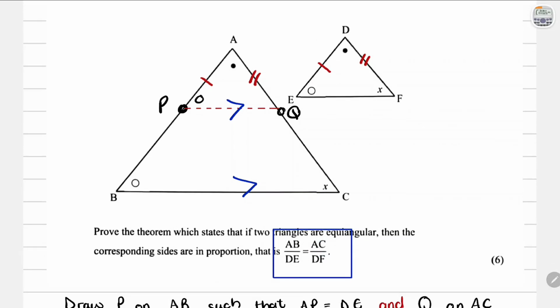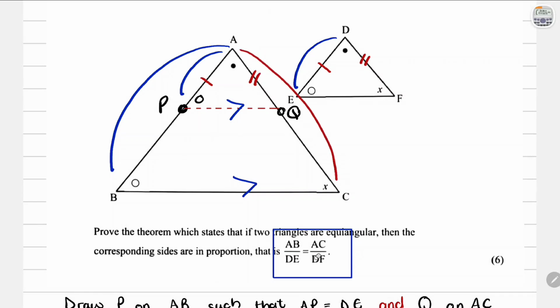Okay, so with this, we're saying AB, right, over DE. Now remember what the equivalence of DE is in this diagram. That is AP. So now you know what proportions you're supposed to be taking. They say that that should be equal to AC over DF. And the equivalence of DF here is AQ.